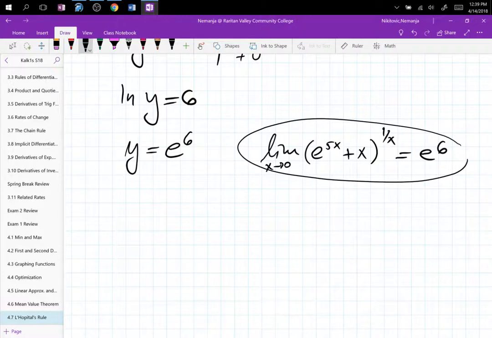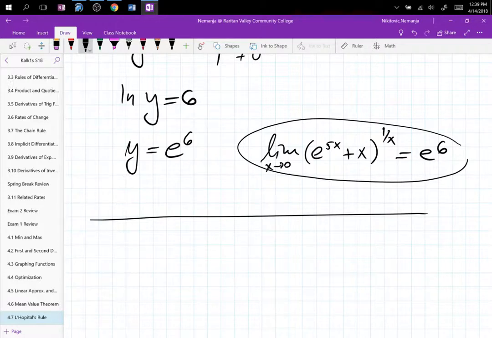So let's take a look at these groups. I think they're using P's and Q's and LNs. Okay, so growth rate, as x goes to infinity.